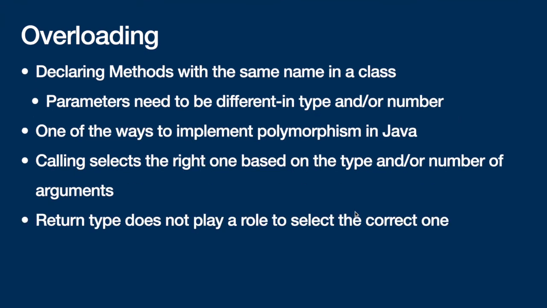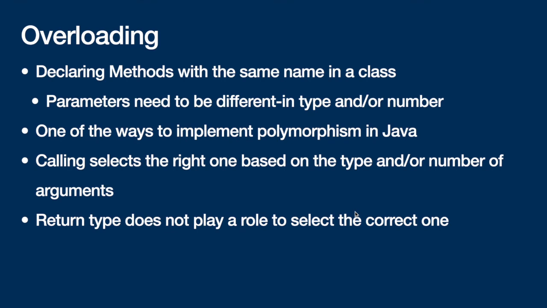And you have to be clear that changing the return type that we have discussed, the primitive, object, or void, doesn't play a role in overloading or in selecting the correct version of the overloaded method when we call the method. So the important ones are the type of the parameter and the number of parameters.